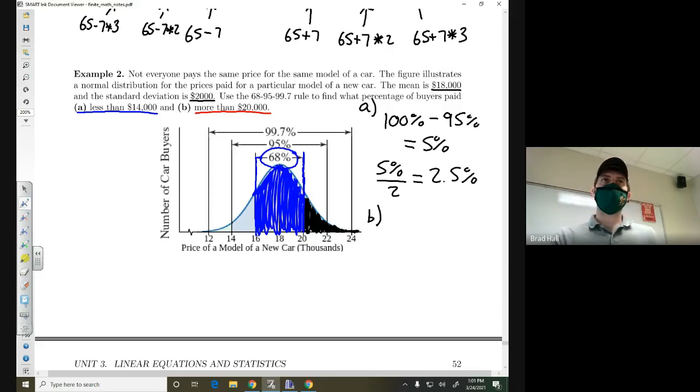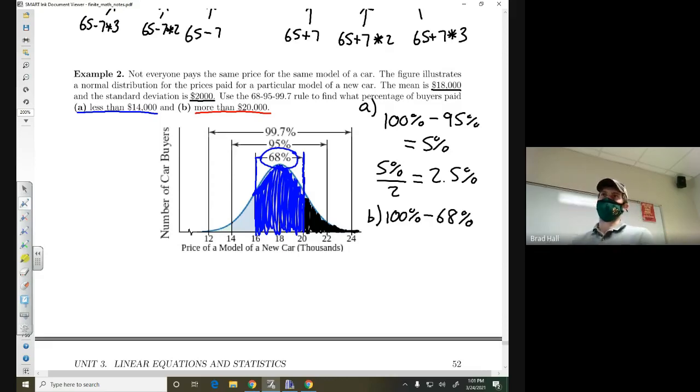So 100% minus 68%? Yeah, 100% minus 68%. Because we want not what's in between, but what's outside. So in other words, we're finding the complement, using a kind of familiar word, but in a slightly more ambiguous nature.